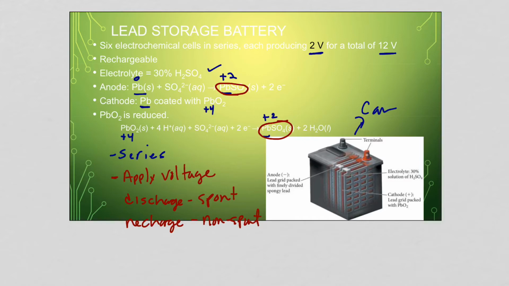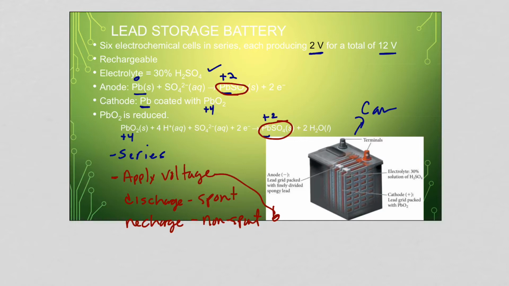So the way we get this non-spontaneous reaction to go is we apply a voltage, and that voltage has to be equal to or greater than the voltage of the battery. And again, if you apply that voltage, you essentially force the reaction to go backwards. So we can drive the reaction back to where we want it to go.